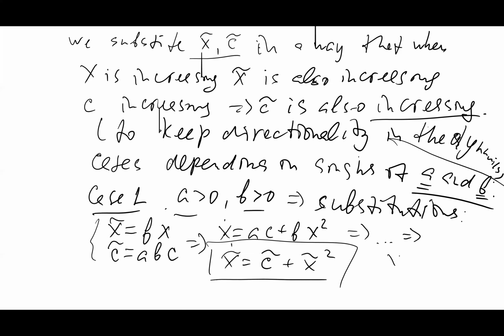And then if we return to previous notations, we will get x dot equals c plus x squared. It's just changing notations. Now this x and c are not the same as before. And so we got as the second order approximation this kind of equation.